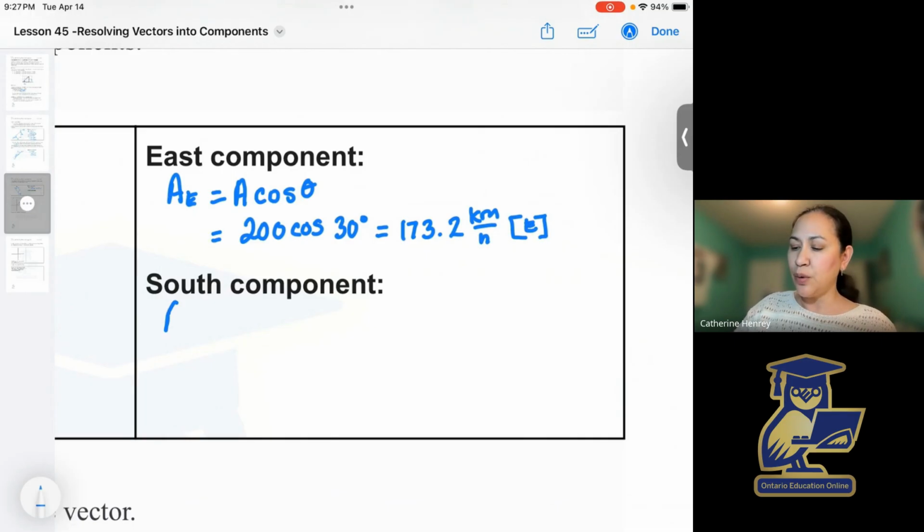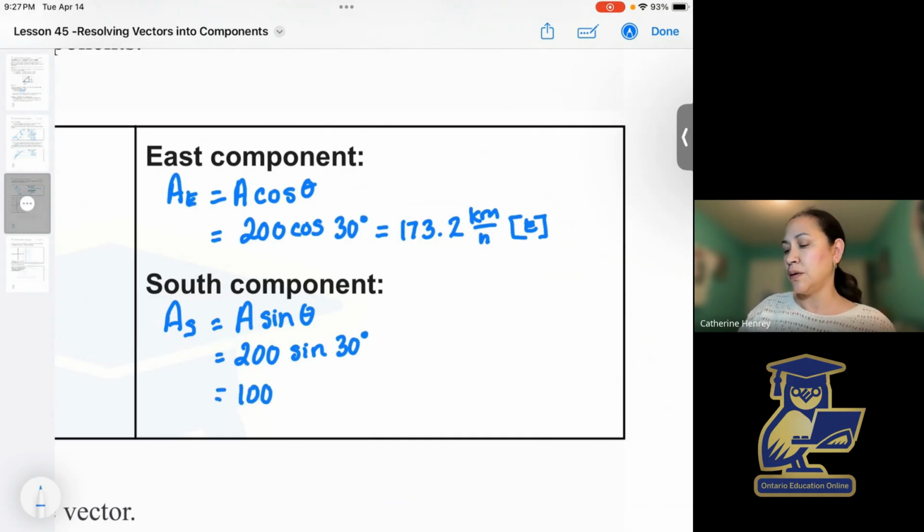The south component, which is the vertical component, is going to be A times the sine of the angle, in which case it's going to be 200 times the sine of 30 degrees. And with a calculator, I get 100 kilometers per hour, and the direction is south.